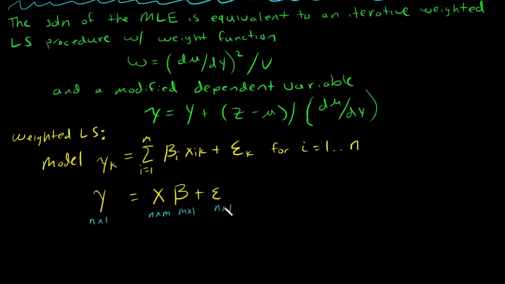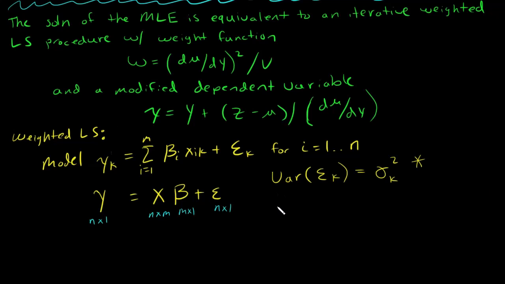So the variance of epsilon sub k equals sigma squared sub k. Now that's the problem, because if you recall, in normal least squares we like to have constant variance. It leads to some very nice results later down the line. You don't need constant variance to solve least squares, but you do need it in order to have some very nice properties. And so when you don't have constant variance, it's like, oh no, what are we going to do? This is the problem that weighted least squares tries to address.